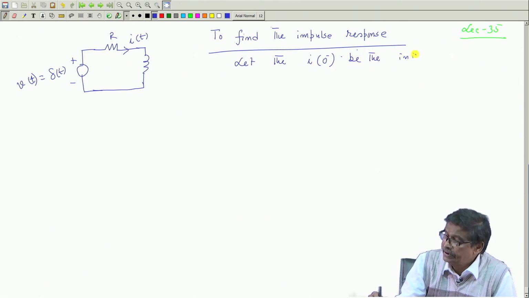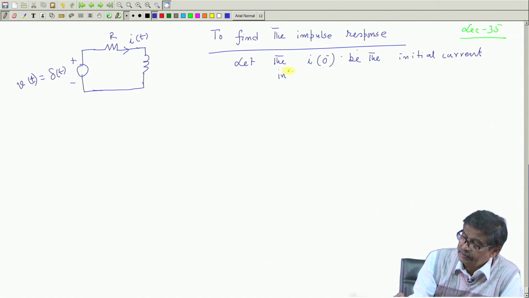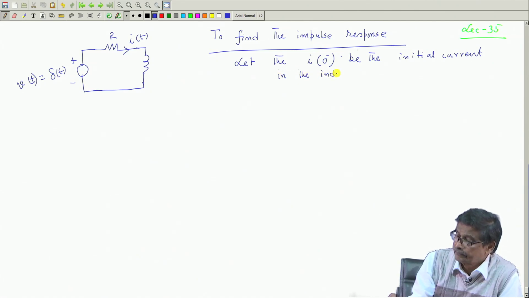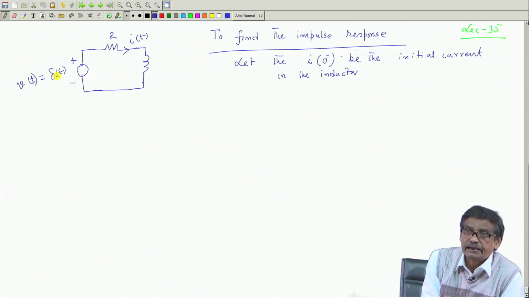Let it be the initial current in the inductor, in the circuit, when at t equal to 0 you have impressed an impulse.